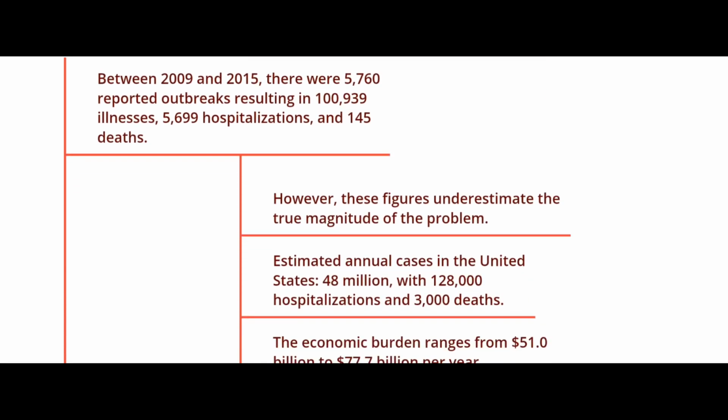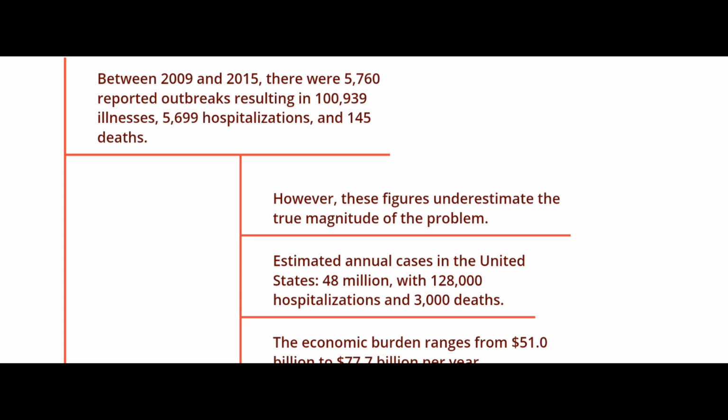If we talk about epidemiological data, between 2009 and 2015, there were almost 6,000 reported outbreaks, resulting in almost 101,000 illnesses. Of them, we had almost 6,000 hospitalizations and 150 deaths. For the US, this is apparently small numbers, but if we compare these same numbers with other countries, the percentages will be higher.